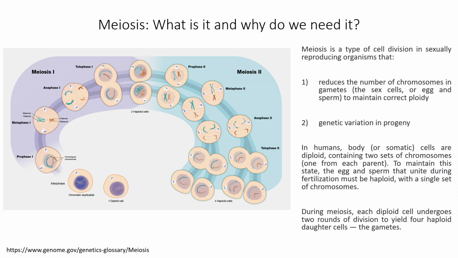So meiosis is a type of cell division in sexually reproducing organisms. What it does is two main things. One is that it reduces the number of chromosomes in gametes. These gametes are basically the sex cells like the egg or the sperm, which will later fuse during fertilization. This reduction in the number of chromosomes in the gametes is required to maintain the correct ploidy level.